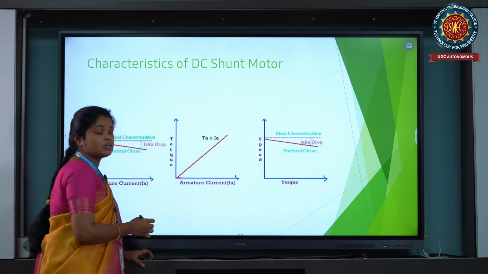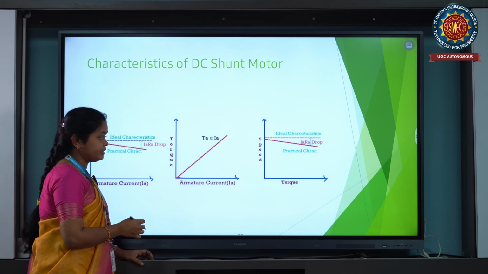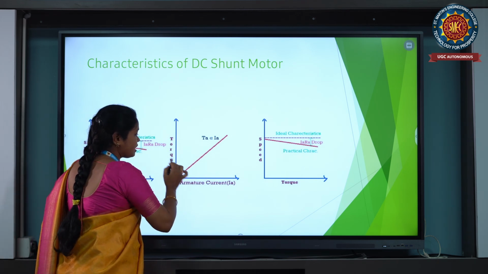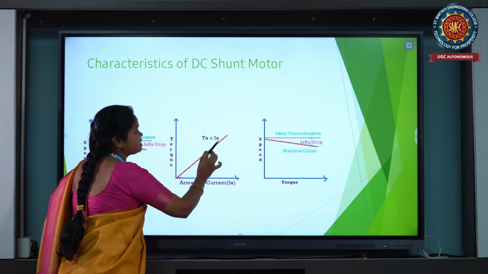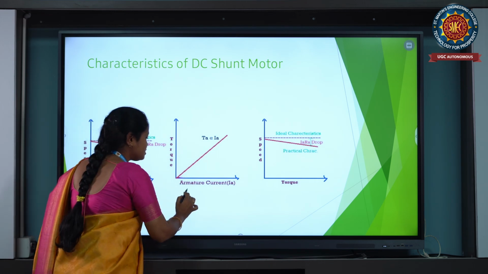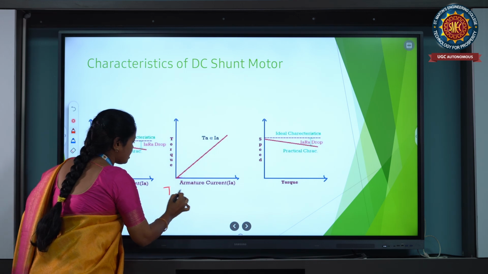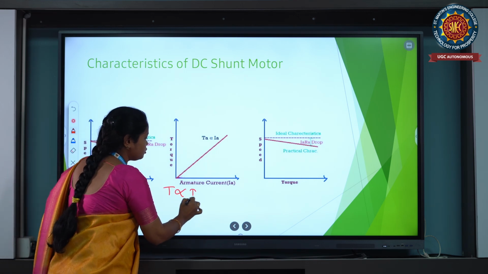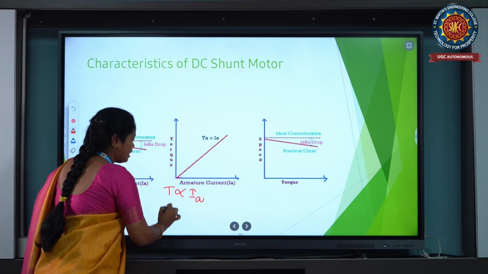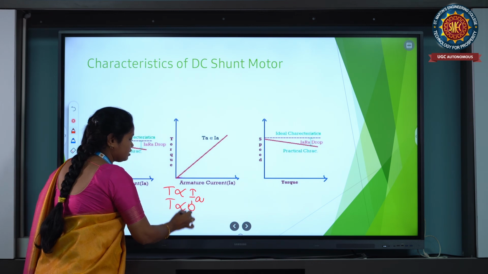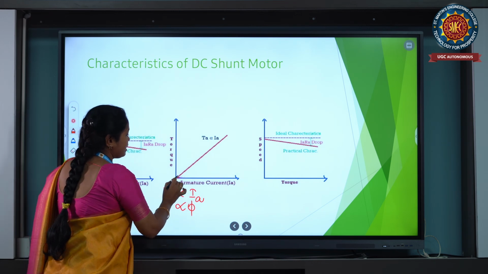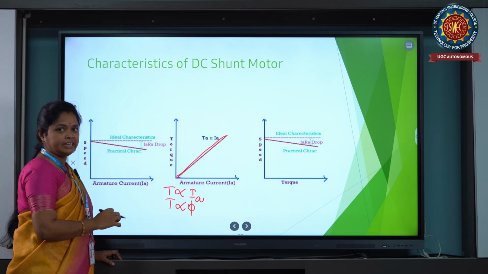This is because of the armature Ia graph. And next one is torque versus armature current, it is gradually increasing because the torque developed in a DC shunt motor is directly proportional to Ia, and so to flux. So it increases linearly.